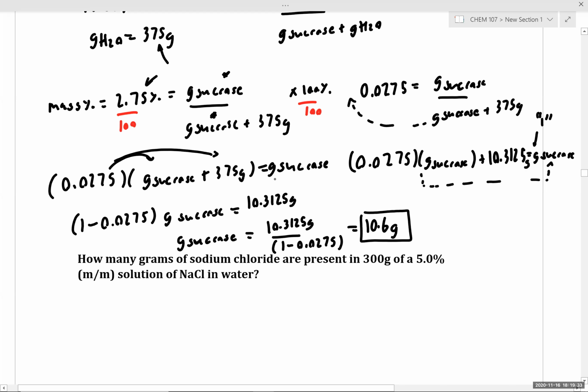Then we divide by this 1 minus 0.0275 term. So we hit the division symbol and then parentheses 1 minus 0.0275. At the end, when you punch this into your calculator, you'll get the raw value of 10.604 grams that you round to 3 sig figs. Does that answer your question? Yes, thank you. Perfect. Any other questions on this representative example?